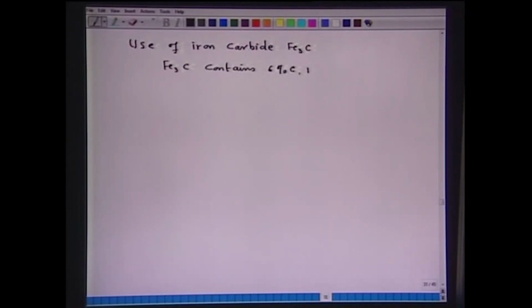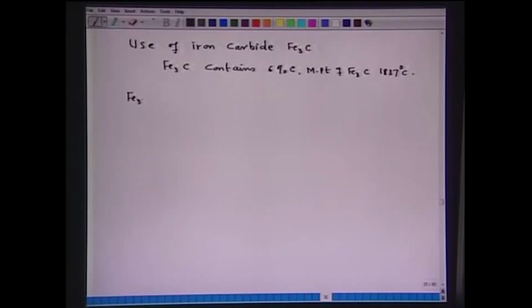The melting point of Fe3C is 1837 degrees Celsius. It's a very high melting point. It can also be used as an alternative charge material, but certain precautions are to be exercised during charging.